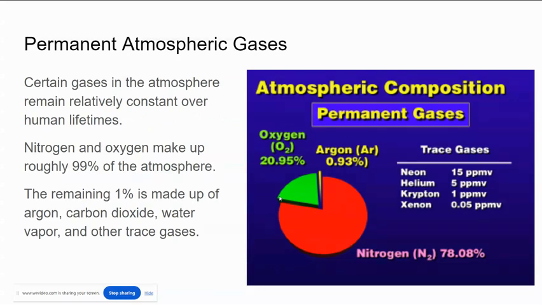The remaining 1% or so is argon, and then there are what we call trace gases. Trace means a very small amount. So these are the permanent gases in our atmosphere.